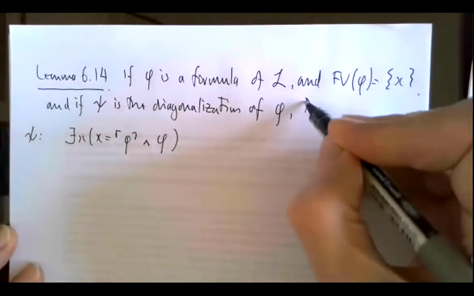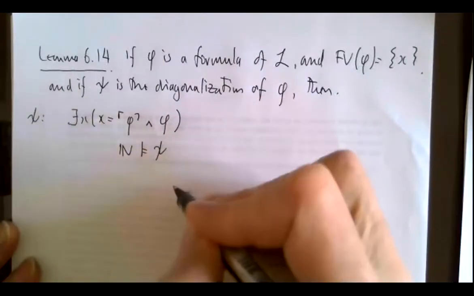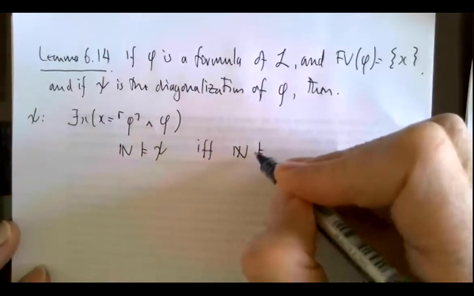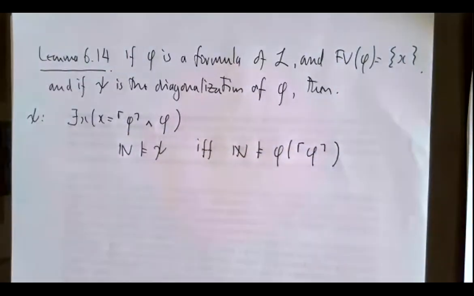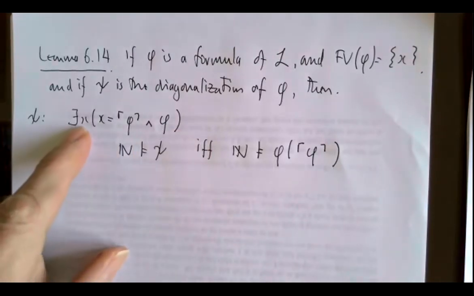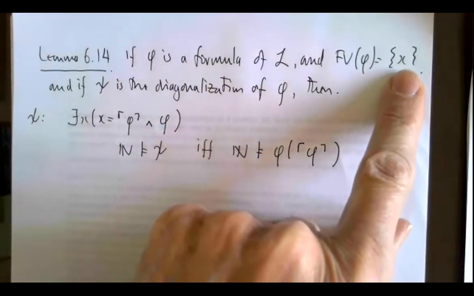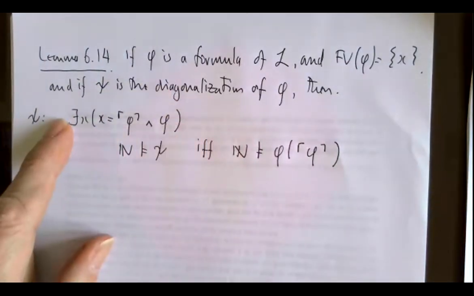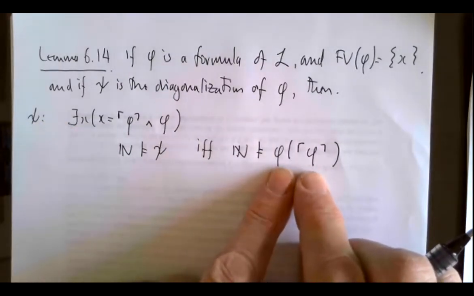Then the lemma says, it's just spelling it out. This psi is a sentence, because the only free variable of phi is x, so there are no free variables in this thing. What the right hand side is saying is that phi is true of its own code number.